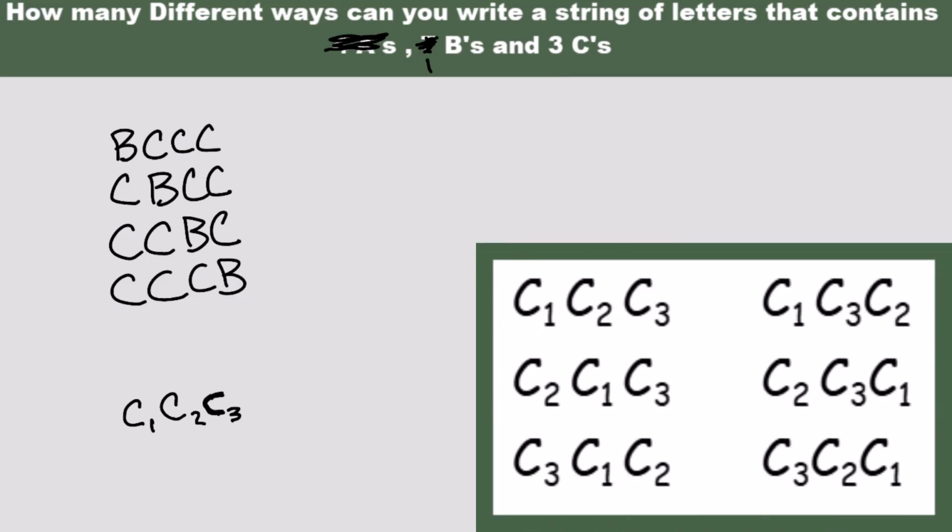If you said once again, we literally just saw you do that a minute ago, and there are 6 ways, or 3 factorial, I would say yes. Good, keen observation.